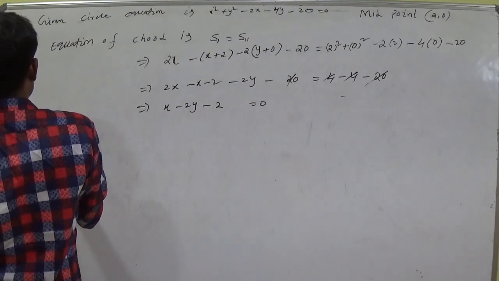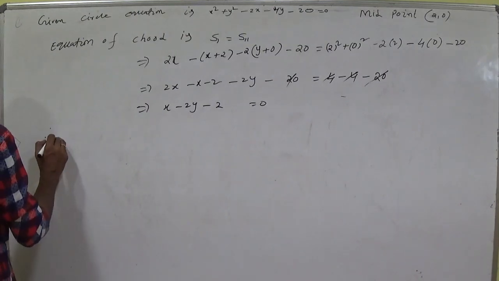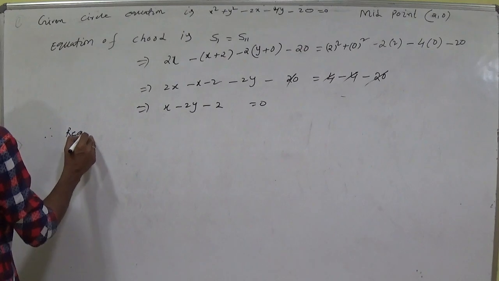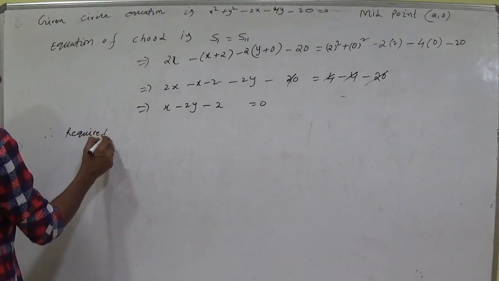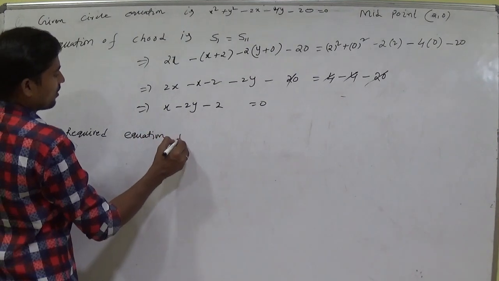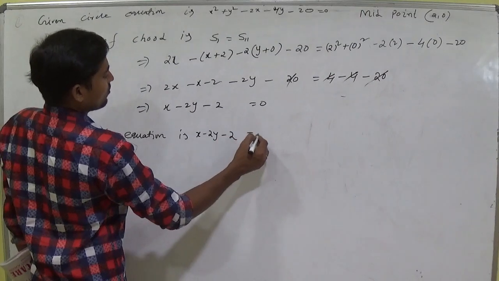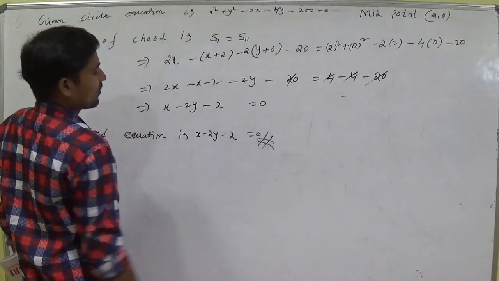Therefore, the required equation of chord is x minus 2y minus 2 equal to 0, right?